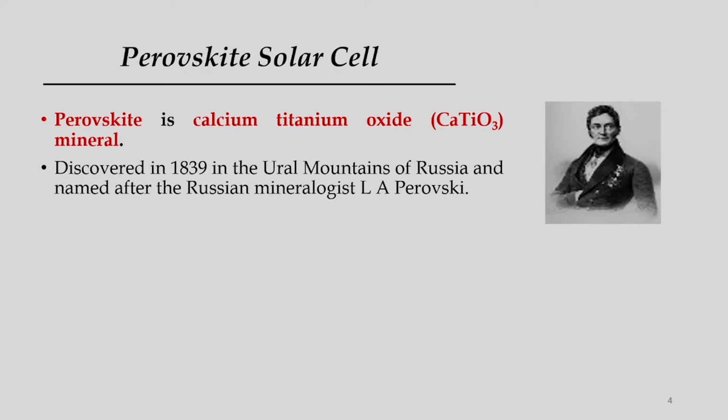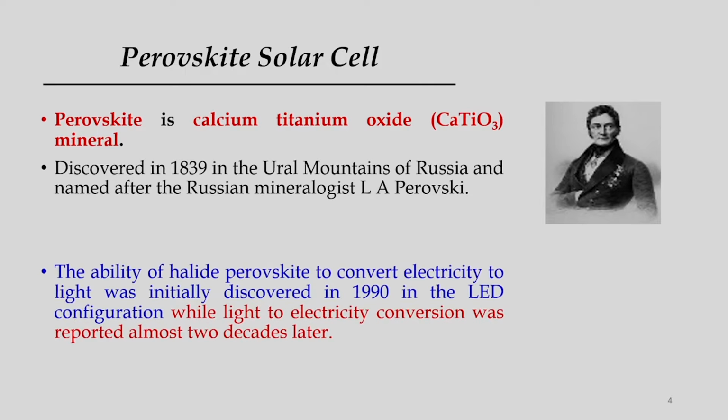He is the person who first discovered it. The ability of halide perovskite to convert electricity to light was initially discovered in the 1990s in the LED configuration, while light to electricity conversion was reported almost 2 decades later.